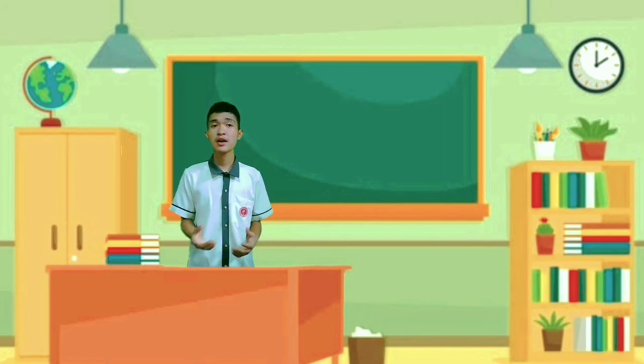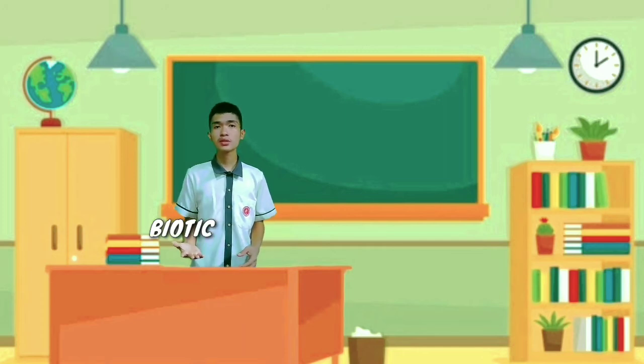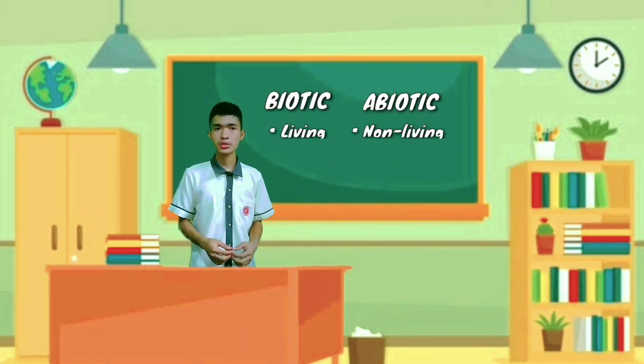Okay, time's up. I think you've got all the correct answers. Good job, everyone. Again, an ecosystem is composed of two major components, the biotic factors and the abiotic factors. The biotic factors are those that are living or alive in the environment.